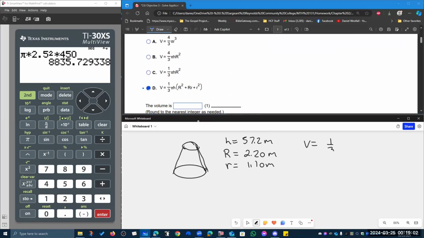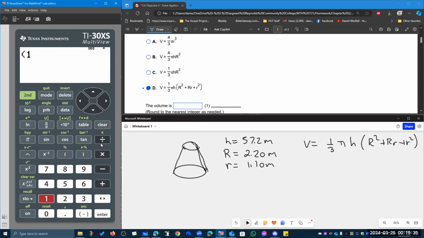That volume is 1/3 pi h times big R squared plus big R times little r plus little r squared. So volume is going to be 1/3 pi, and then h is 57.2 meters times this 2.20 meters squared plus, just go ahead and do this in the calculator.